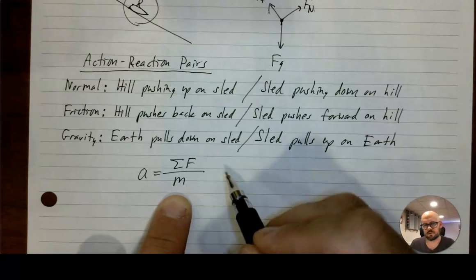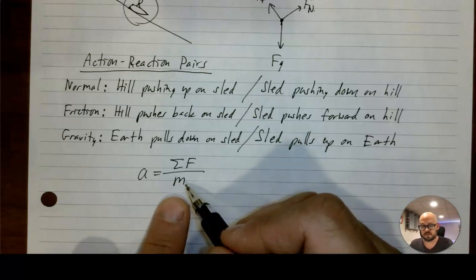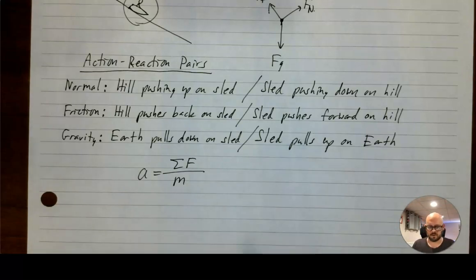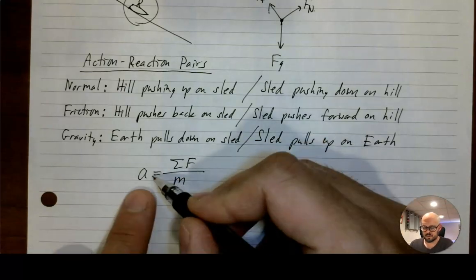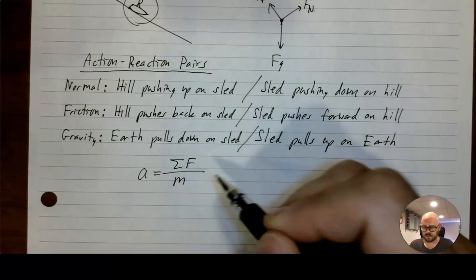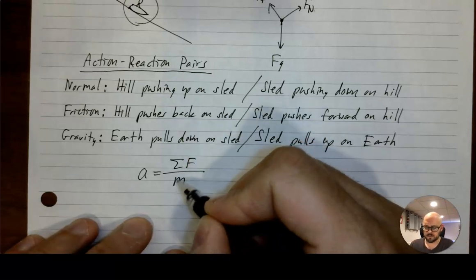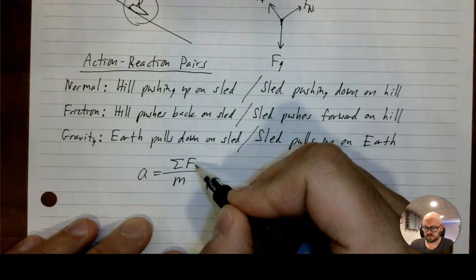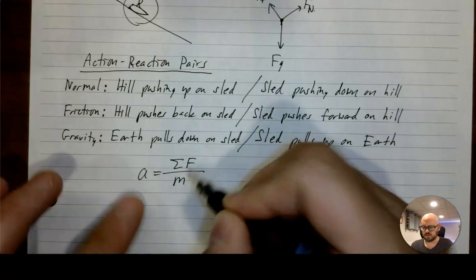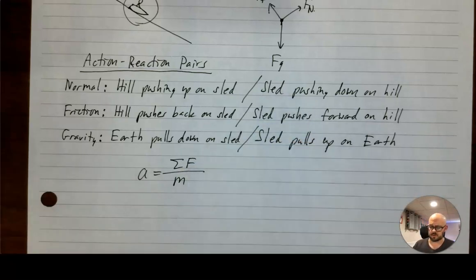The hill's part of the Earth, so you can think of the hill as having the mass of the entire Earth. So the acceleration of the Earth will be extremely tiny, whereas the sled has a much smaller mass, and so that means that this fraction is going to have a larger value, and so there will be a bigger acceleration. So Newton's second law and third law do a lot of playing together in our concepts and in our calculations as well, and that's Newton's third law.